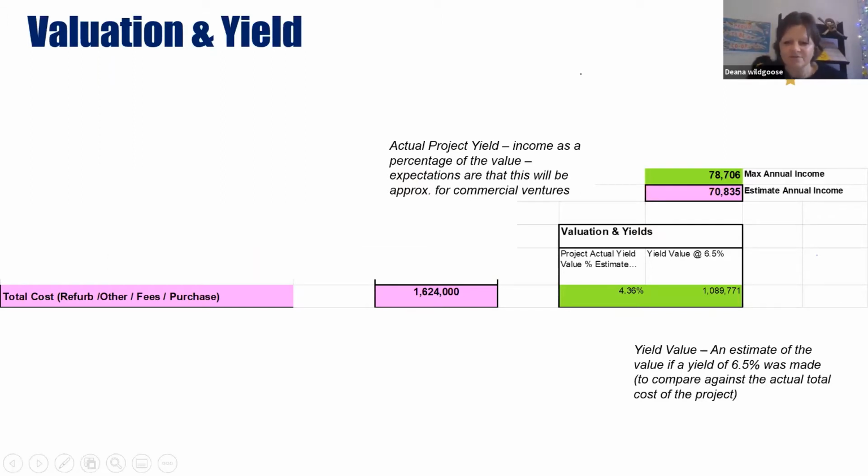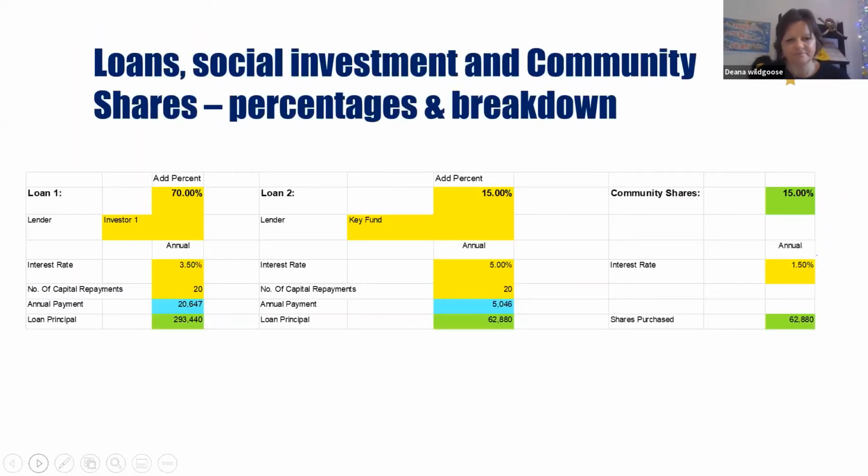So what the second box does here, the second green item, it says, actually, if that income had that yield, the actual price would be 1.08 million, whereas actually it's going to cost 1.6 million. So it just gives you a little bit of a flavour, because we're dealing with getting some grant support towards it. That can make a difference. So there's a bit about yield in there.